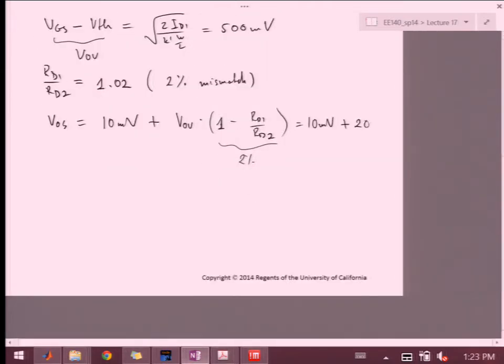But essentially it gives us 10 millivolts here, and this piece is also 10 millivolts. So the total is 20. The important piece of information here is that this term became as important as the threshold voltage, because a very small error in the resistors was amplified by the overdrive voltage.